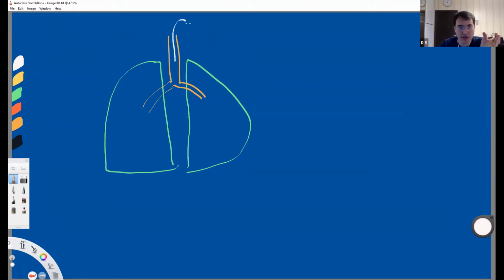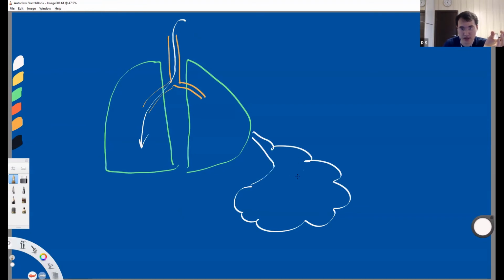It gets straight to the alveoli, and whenever it gets to the alveoli, just imagine this alveolar sac, and we have the lining of epithelial tissue. We also have the surfactant on top of this epithelial tissue, and this surfactant is a little hydrophobic. Well, it actually has both hydrophobic and hydrophilic parts.